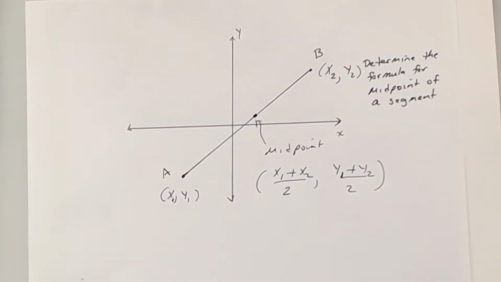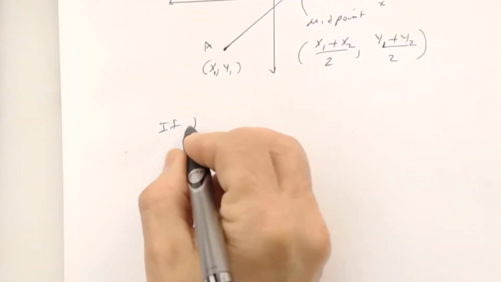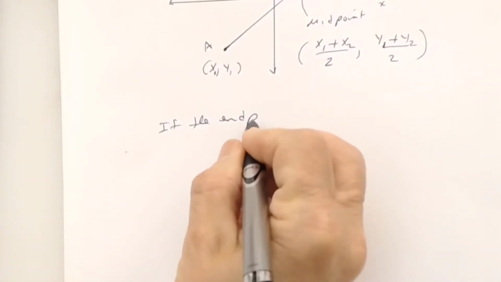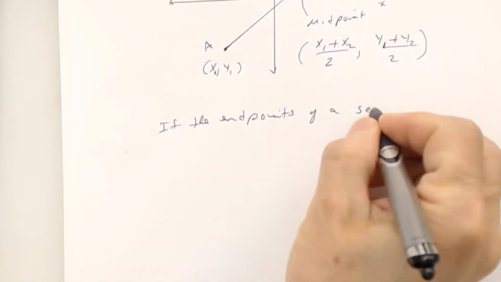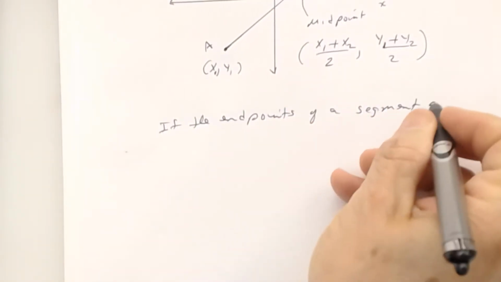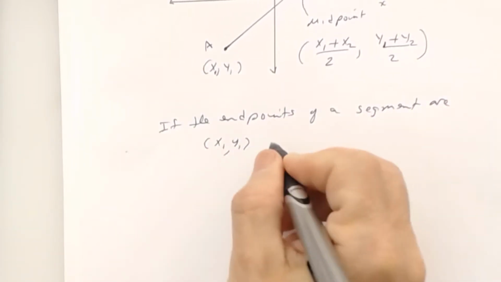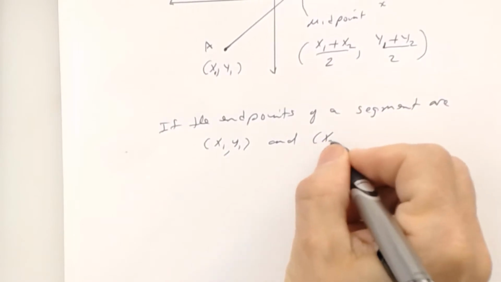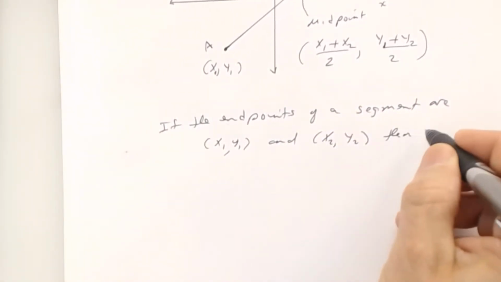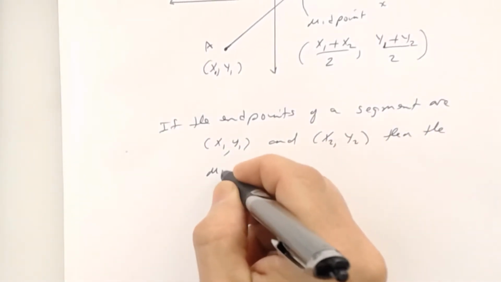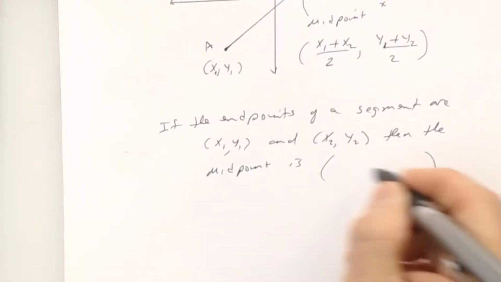So if you're given the endpoints of a segment, the endpoints of a segment are x1, y1, and x2, comma, y2, then the midpoint is, and what's the formula?